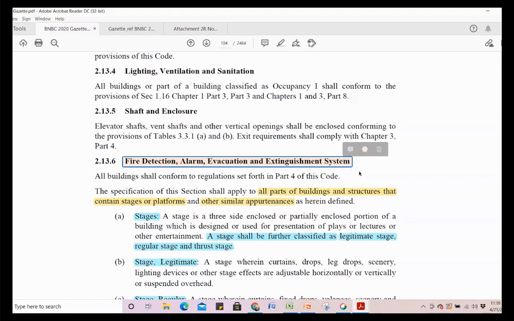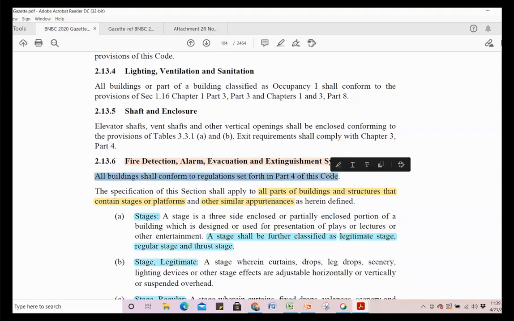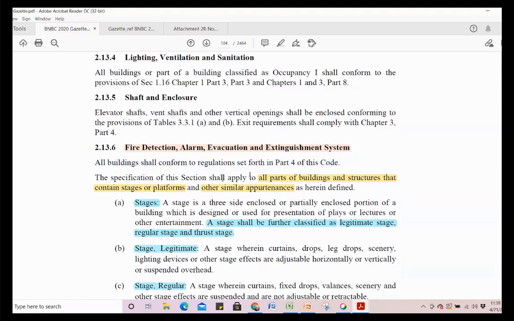So actually this is a segment mostly discussed in part 4, but here there are some elaborations for the specific situation of this particular occupancy. So what is that? The first line states that it has to conform to the regulations set forth in part 4. So this is a common statement like other occupancies. But what about the rest?